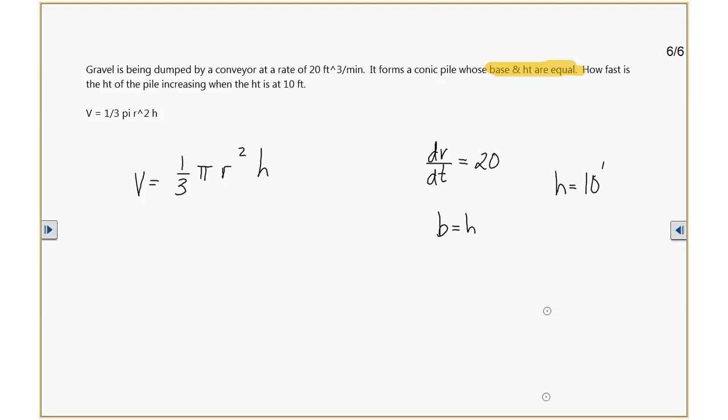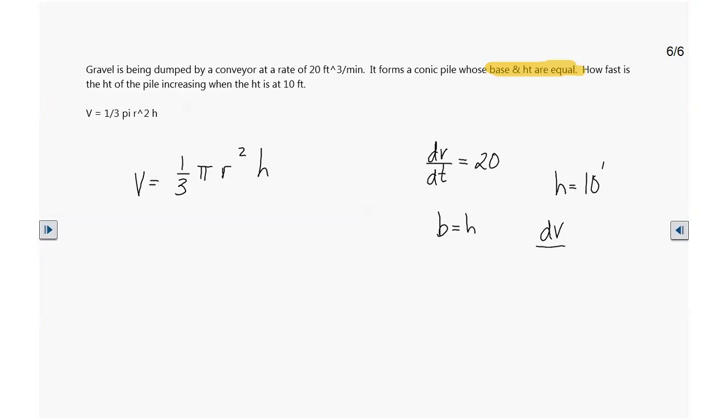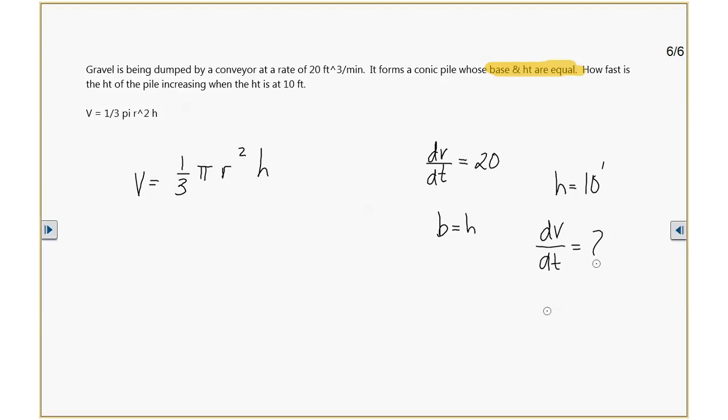So we've got dV/dt, we've got b equal to h, but we're looking for dh/dt. I'm sorry, yeah, dh/dt is what we're looking for. All right, so that's what we're given and what we're looking for. Now we go back to our formula and we say, okay, let's draw a picture.